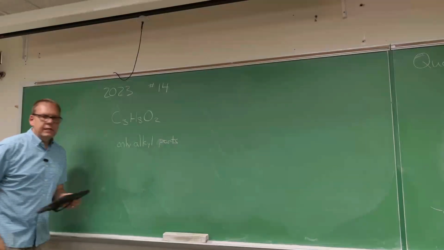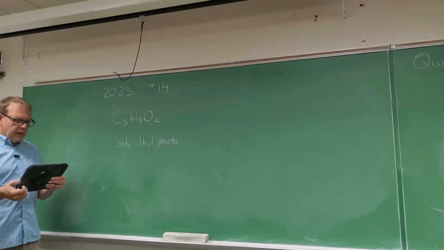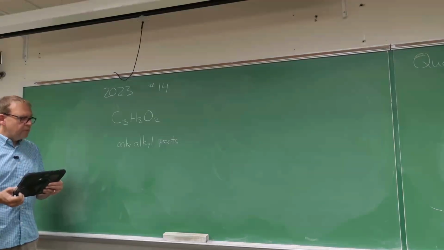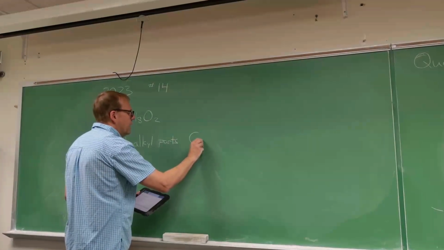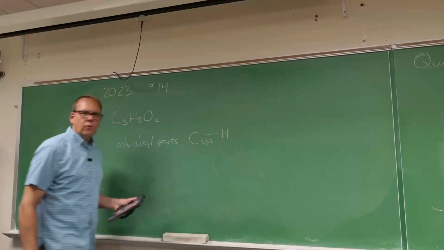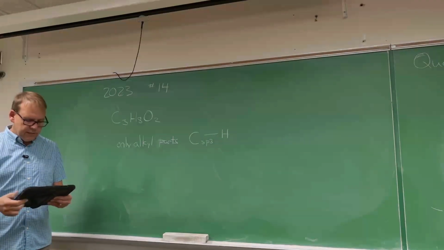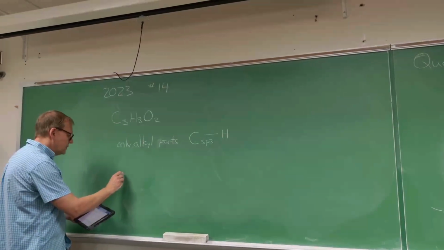It doesn't have any double bonds of any kind. It just says the functional group region of its IR spectrum showed only peaks from sp3 hybridized bonds, so C sp3 to H bonds. So it's kind of a boring molecule. It's got to be just an alkane. And then the proton NMR showed two singlets.